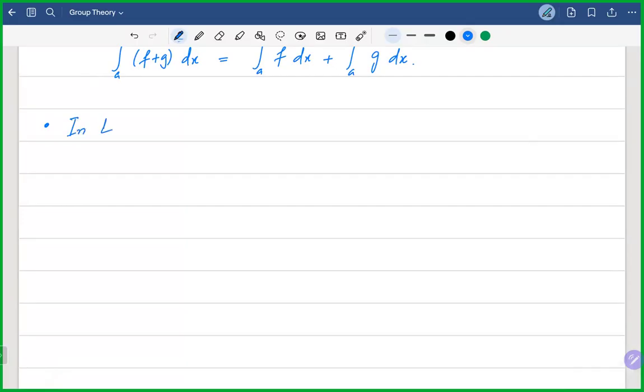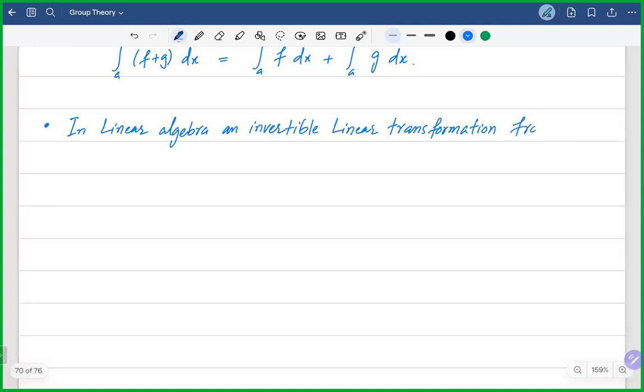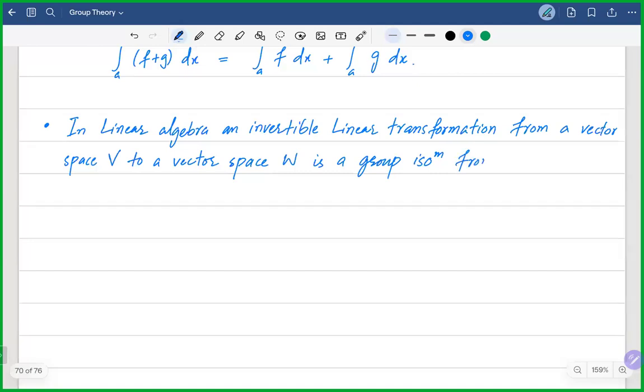So in linear algebra, an invertible linear transformation from a vector space V to a vector space W is a group isomorphism from V to W. Why?